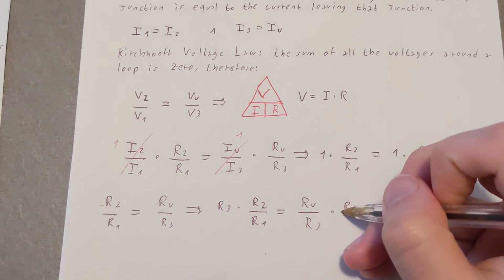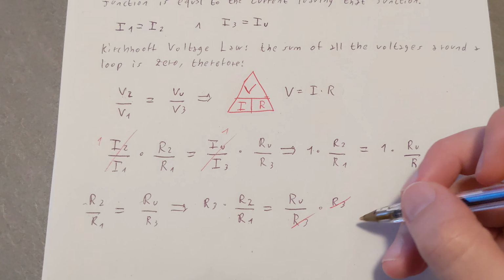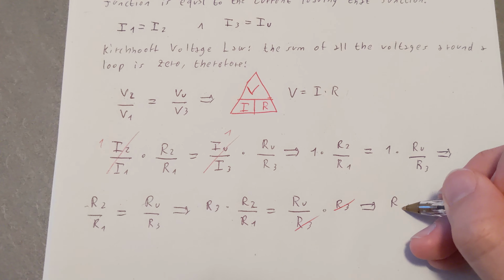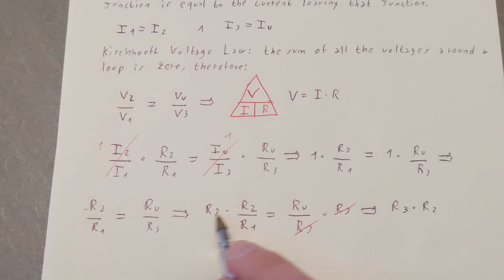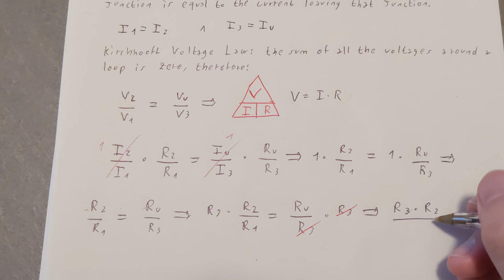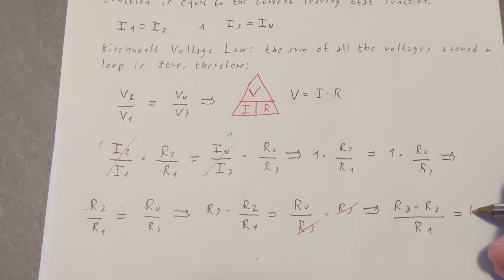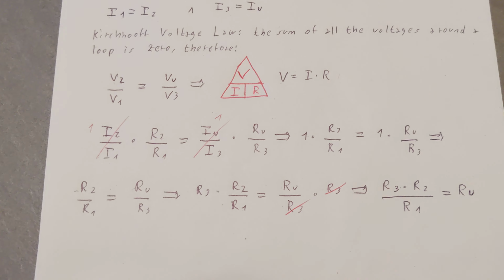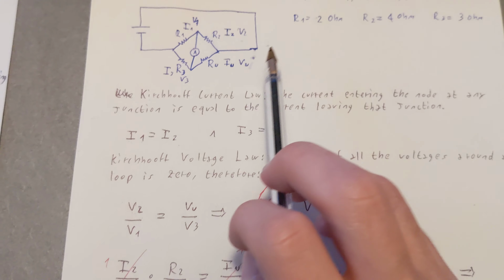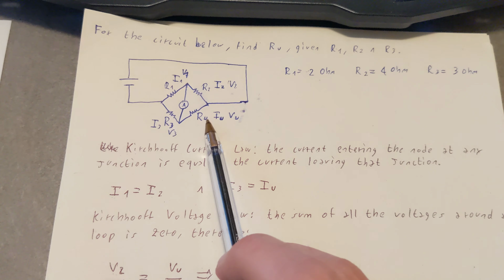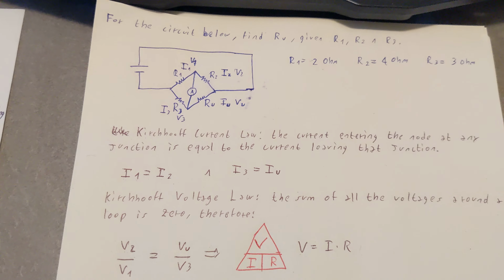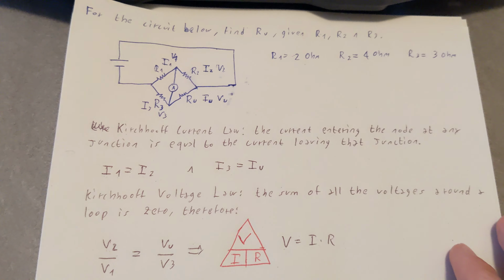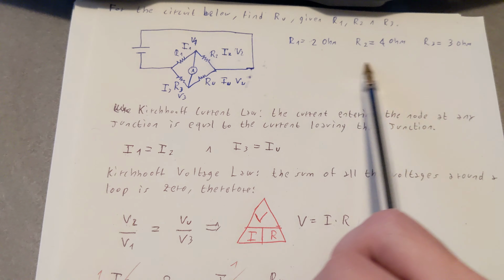Those two cancel out, and we are left with R3 times R2, everything over R1, which is equal to RU. So we now have a direct relationship with RU, which is the resistance that we didn't know anything about, and the other resistances, R1, R2, and R3, for which we know the values.